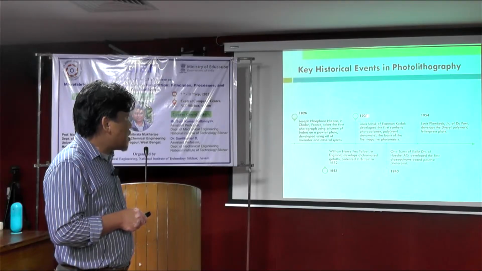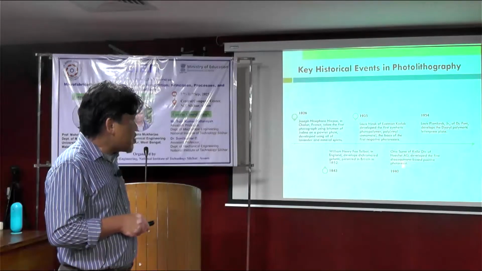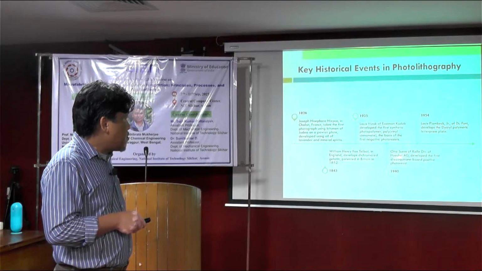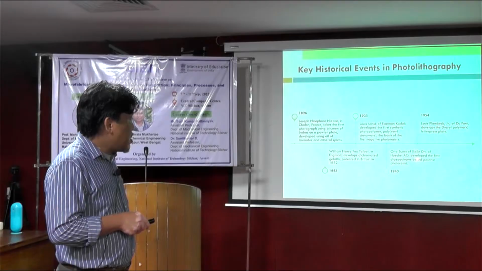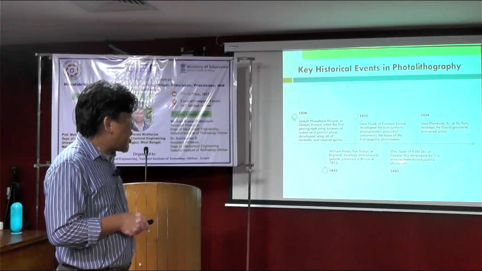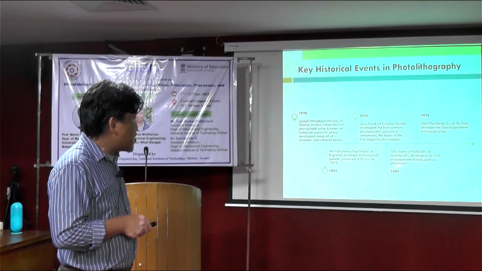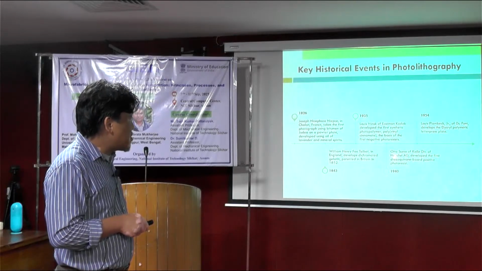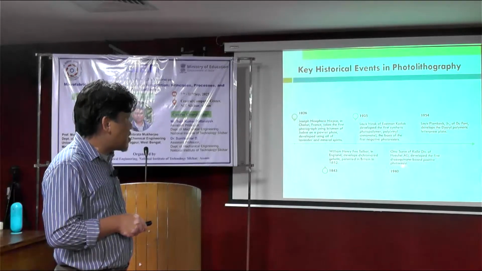Then in 1940, Otto Süss of Kalle in Wiesbaden, Germany, developed the first diazonium-based photoresist, a positive photoresist. So this is negative photoresist, this is positive photoresist in 1940.